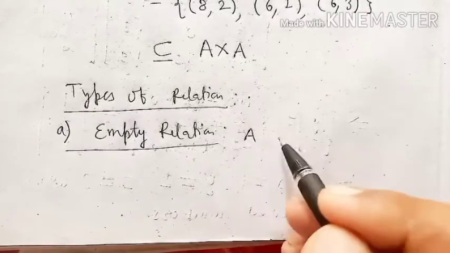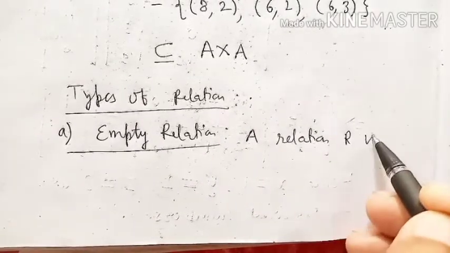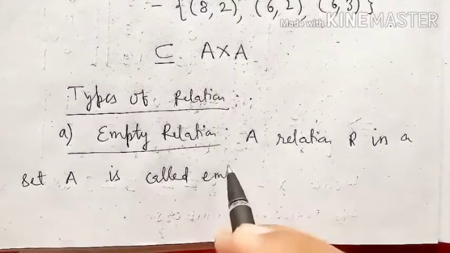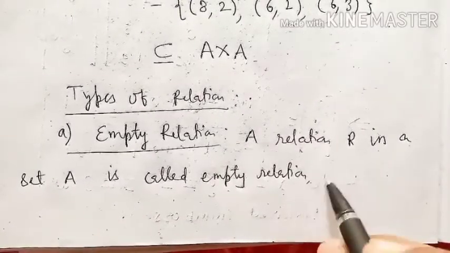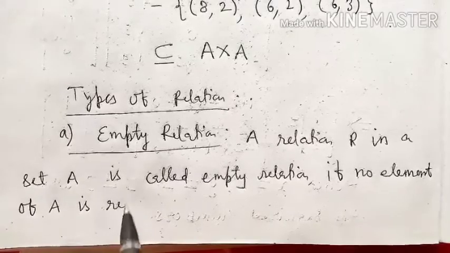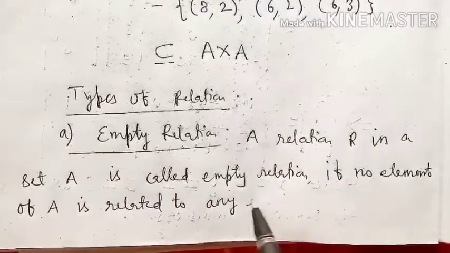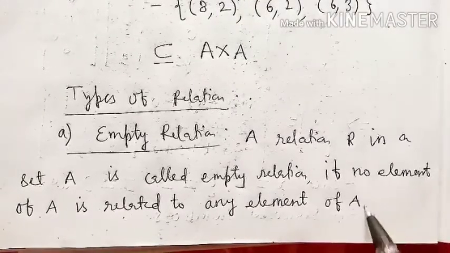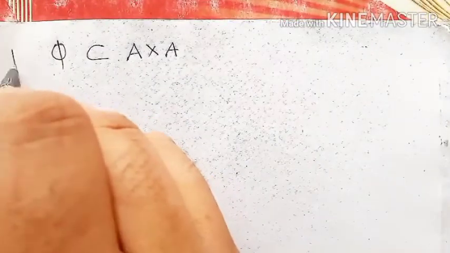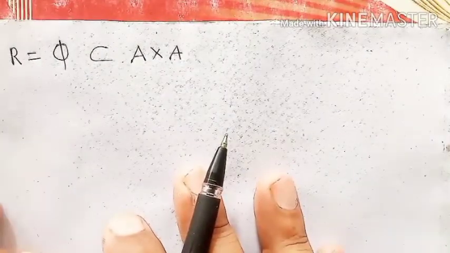A relation R in a set A is called an empty relation if no element of A is related to any element of A. That is, R equals phi, which is a subset of A cross A.